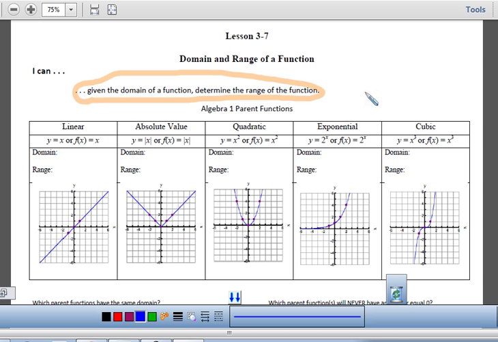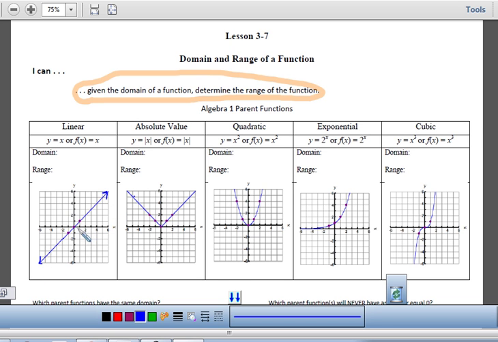Alright, so let's take a look at the linear parent function. The equation is simply y equals x, or f of x equals x. So what's the domain of that? Remember, the domain is all the input values, or all the x values. Now, this graph is a little inaccurate because there should be arrows on either end of this line, because it continues on forever in this direction and in this direction.